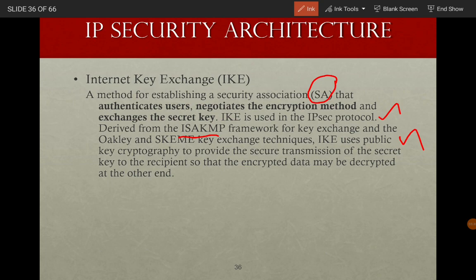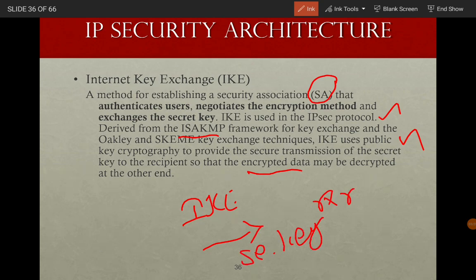With the help of public key cryptography, we secretly exchange the secret key to the receiver, then that secret key is used for encryption. So IKE is a public key technique. Using the public key technique, we send a secret key to the receiver. Then with the help of that secret key, the sender and receiver can communicate with each other. So this is the scenario.